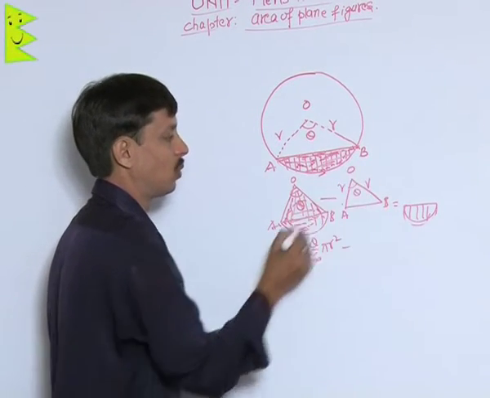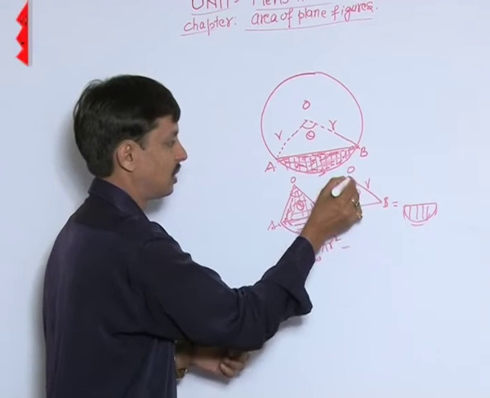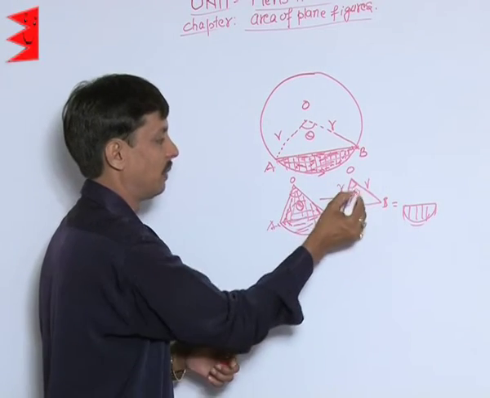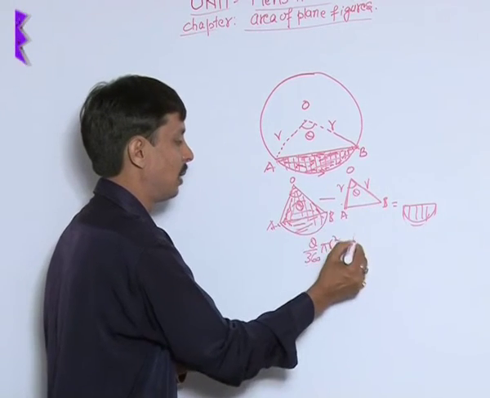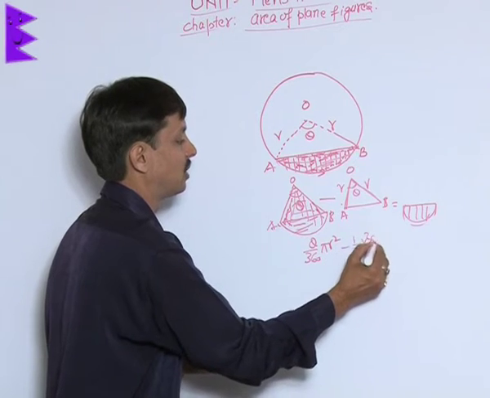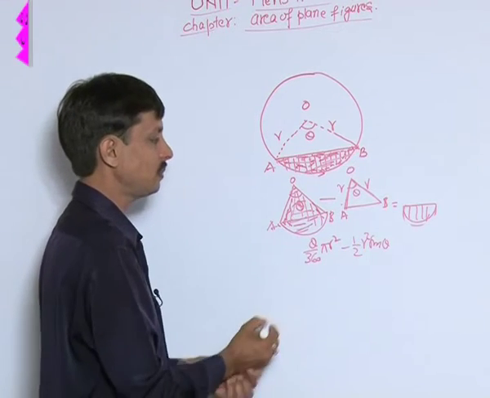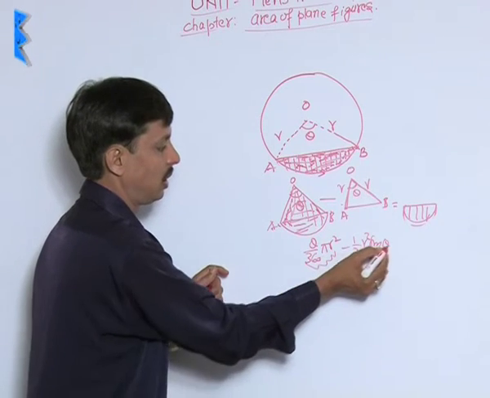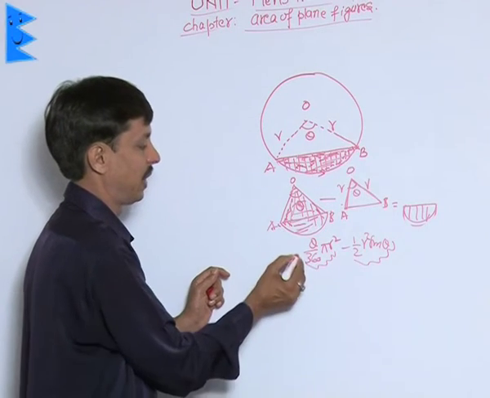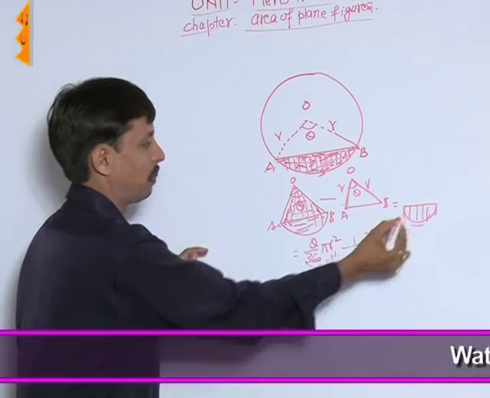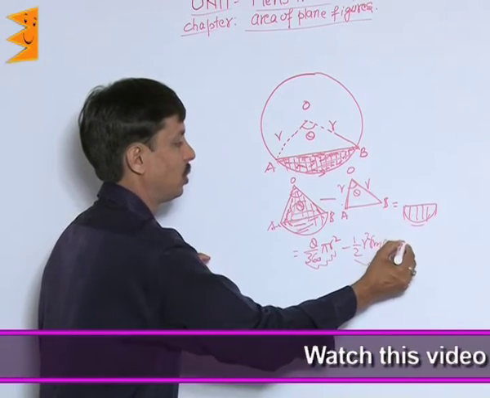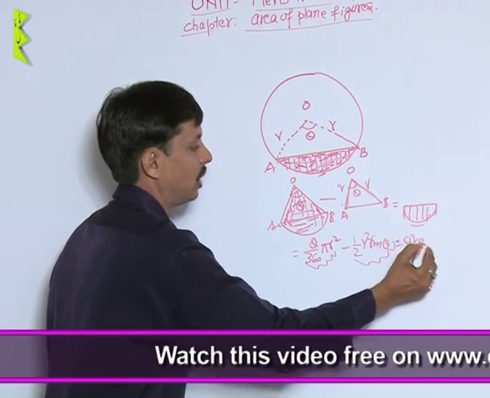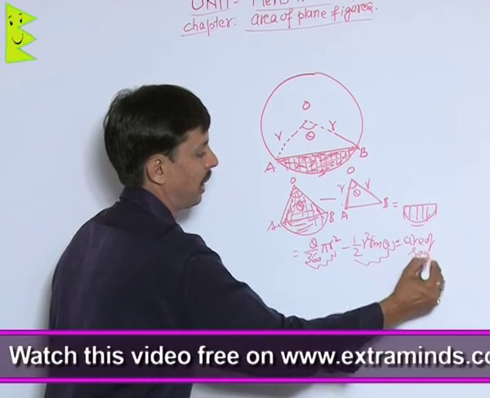This side is r, this side is r, and this angle is theta. The formula developed is half r square sine theta. So when the area of the triangle is subtracted from the area of the sector, the left part is known as the area of the segment.